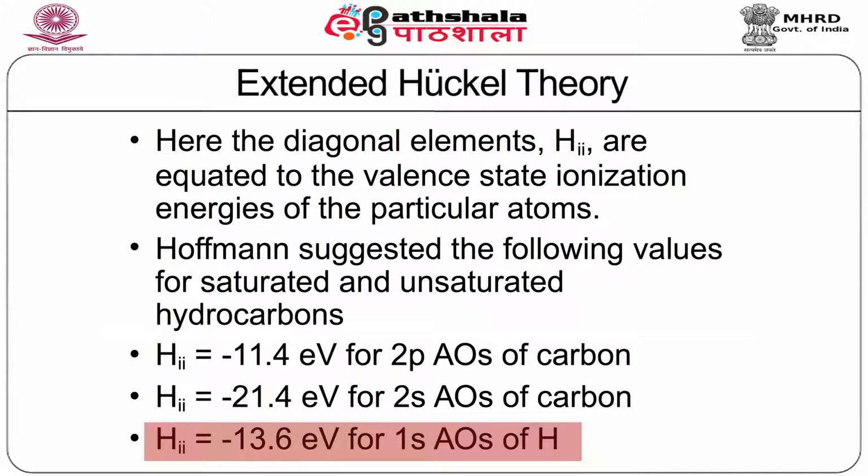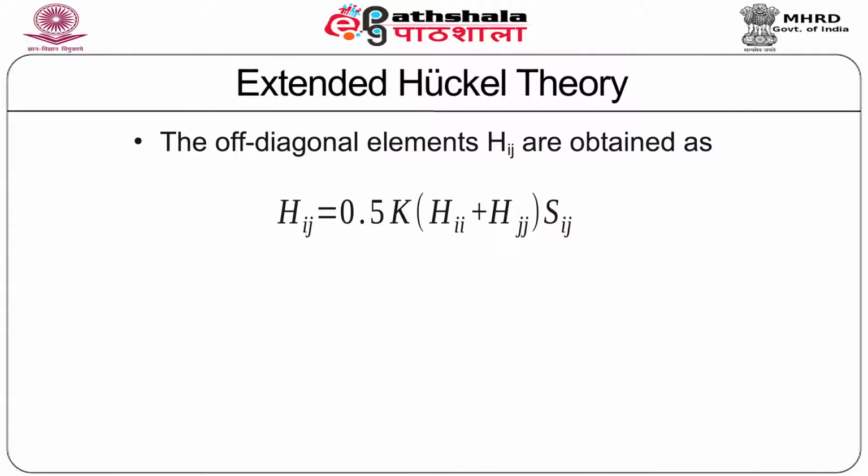atomic orbitals of hydrogen. The off-diagonal elements Hij are obtained as Hij equals 0.5 K times (Hii plus Hjj) Sij, where Hii and Hjj are the diagonal elements of the Hamiltonian matrix and Sij are the overlap elements for ith and jth orbitals.